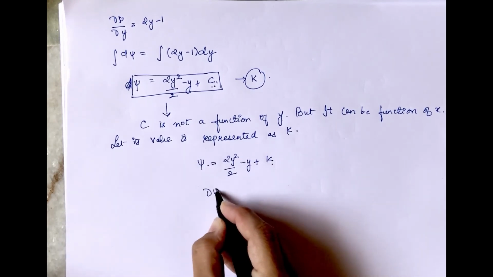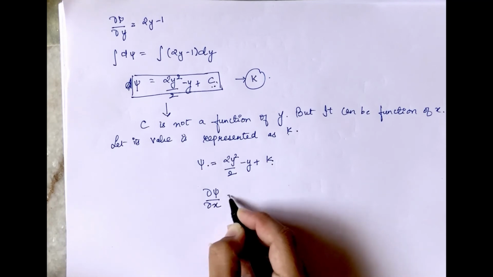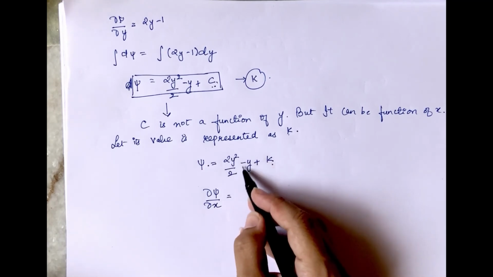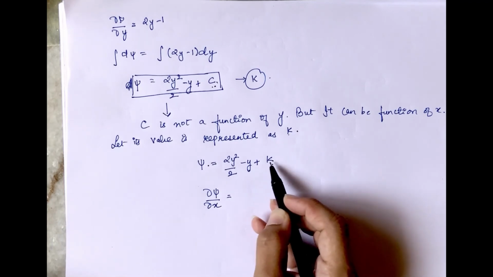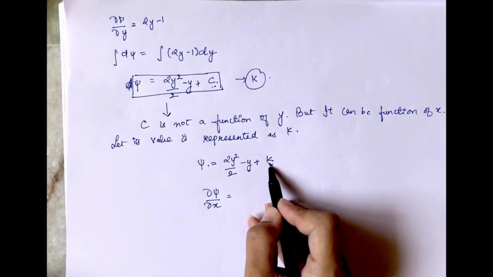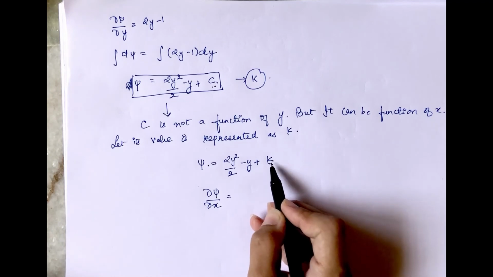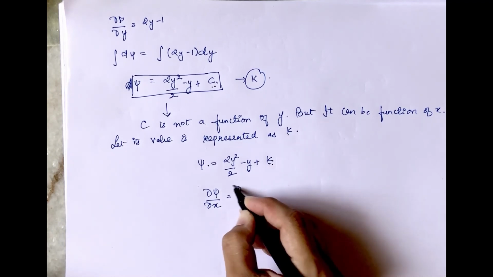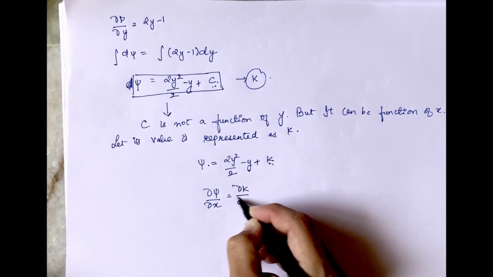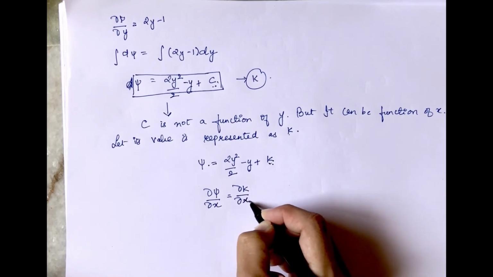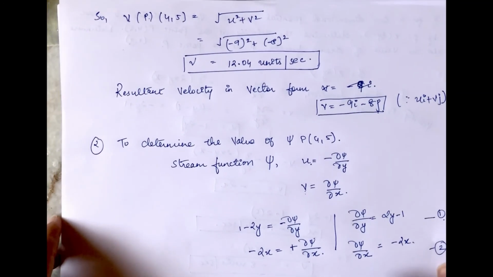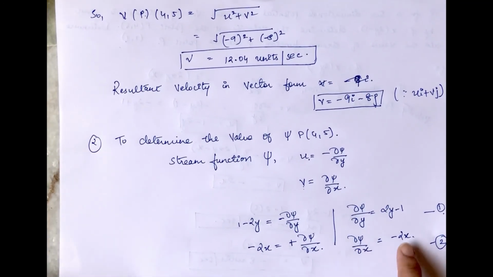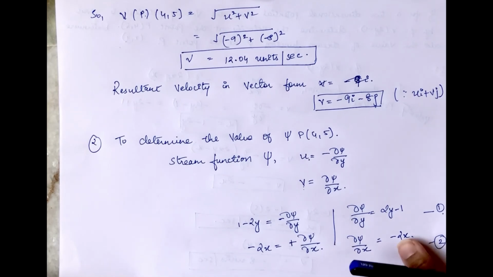So del psi by del x is equal to, this term will be 0, this term will be 0, because there is no variable x, and this can be a function of x, that is the constant k. So differentiating it with respect to x, del k by del x. And from the previous equation, del psi by del x is equal to minus 2x.